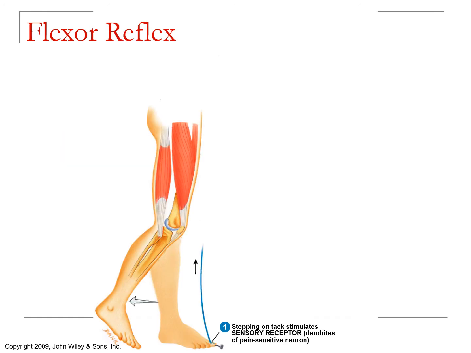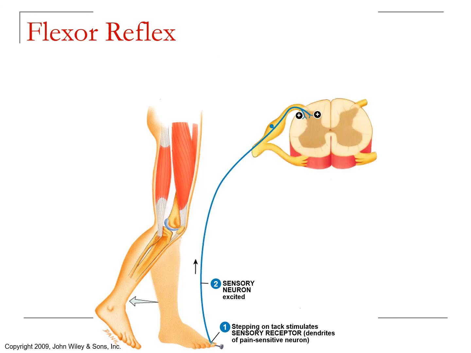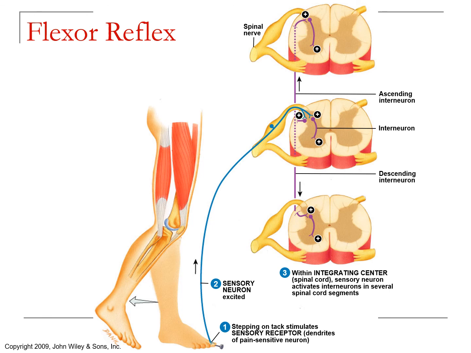So here's the flexor reflex. Again, in this case, a stimulus was nociception created by stepping on a sharp object, sensory information sent to the spinal cord, which then synapsed with interneurons at several levels of the spinal cord, so it's intersegmental.